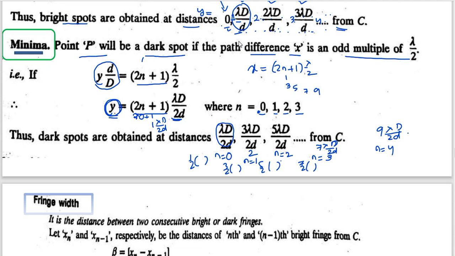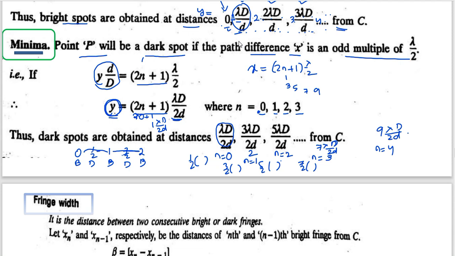So first, at 0 we get bright. At 1 we get bright, and at 1 by 2 we get dark, at 3 by 2 we get dark, and at 2 we get bright, because 3 by 2 is in between 1 and 2, and half is in between 0 and 1.